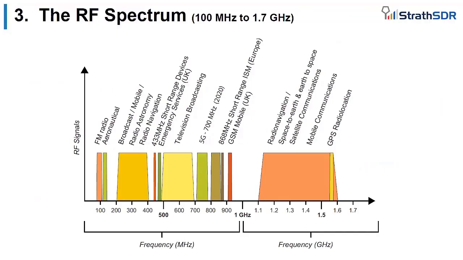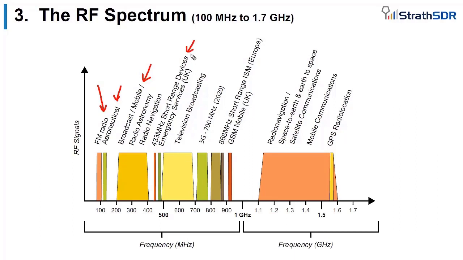So the RF spectrum, if we look at what we have going from low frequencies, well, there's a very well-known FM radio down at 100 or so megahertz, then some aeronautical frequencies. Then in the UK, this is a UK representation, we've got the broadcast or digital audio broadcast radio.